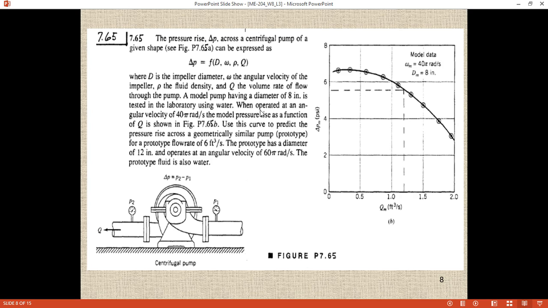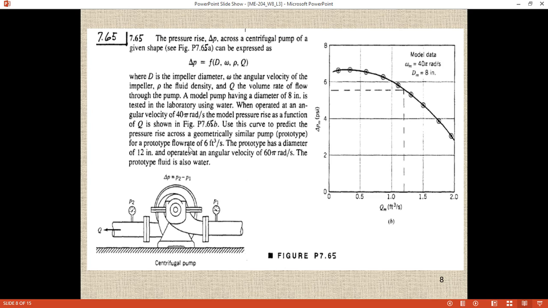We have to use this curve to predict the pressure rise across a geometrically similar pump, the prototype. It's given that the pumps are geometrically similar.